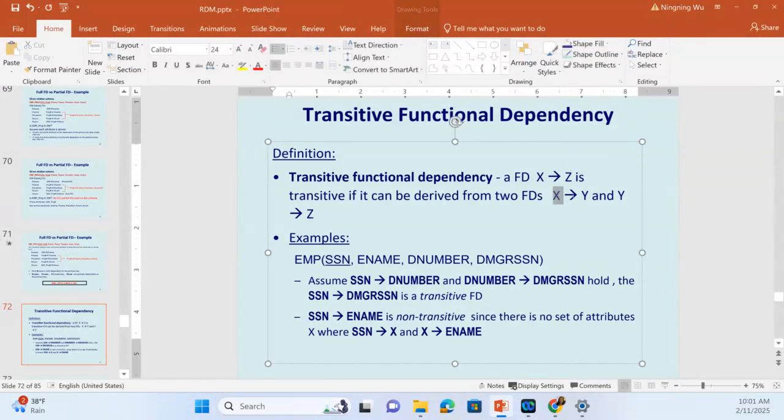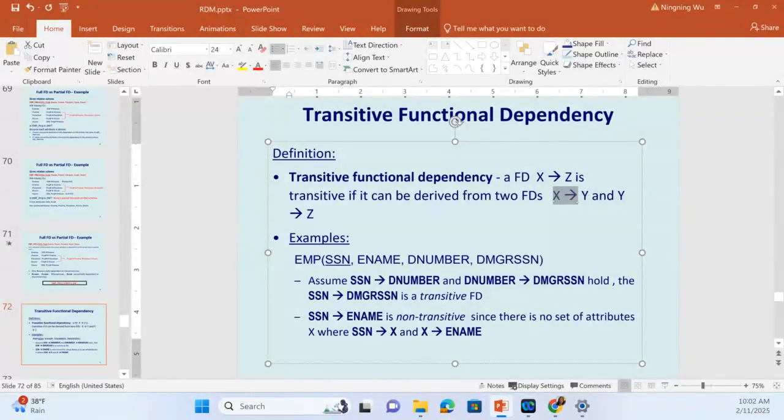X determines Y means that Y is dependent on X. And Y determines Z means Z is dependent on Y. So through these two functional dependencies, we can tell that X determines Z, through Y. So Y is more like the middleman.